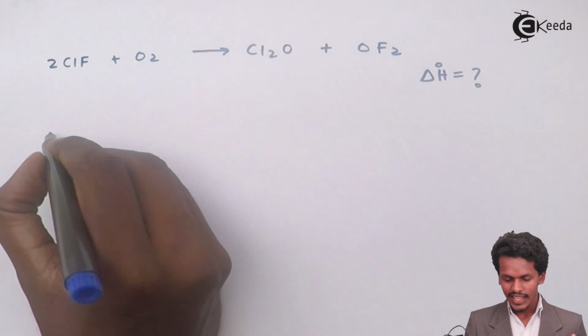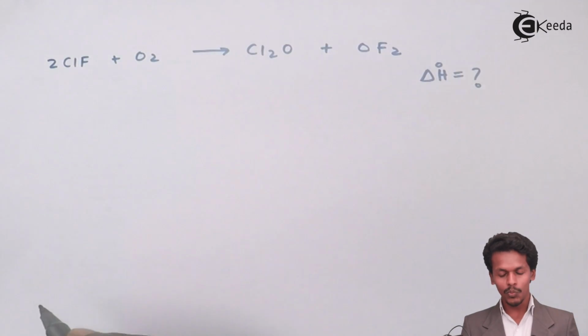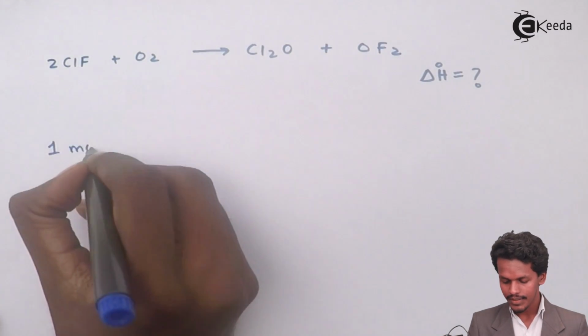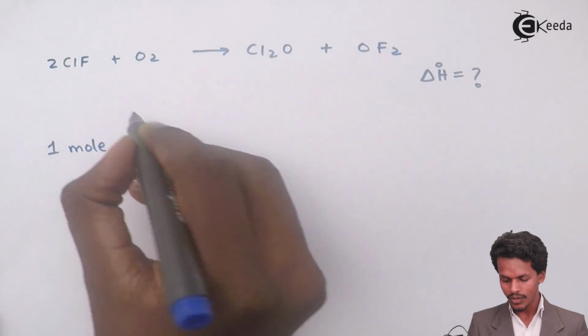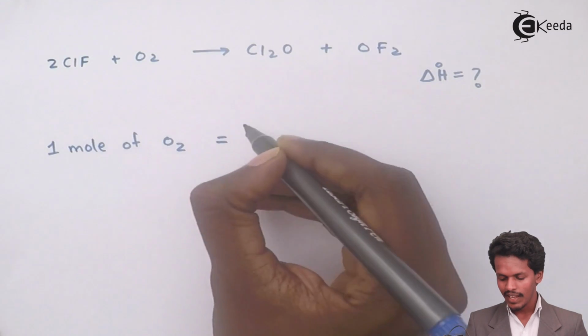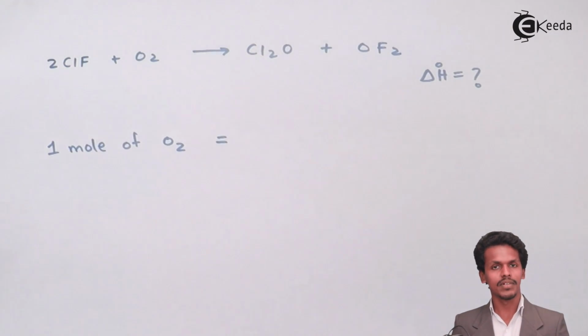Suppose that 6 gram can be converted into moles, so I could say that 1 mole of oxygen is nothing but the molecular weight of the oxygen itself.